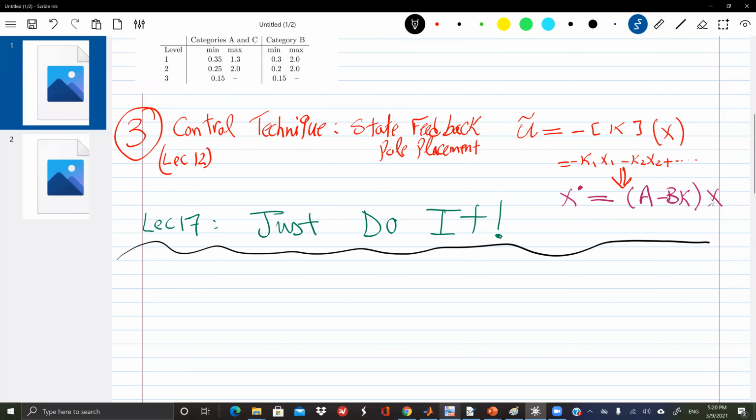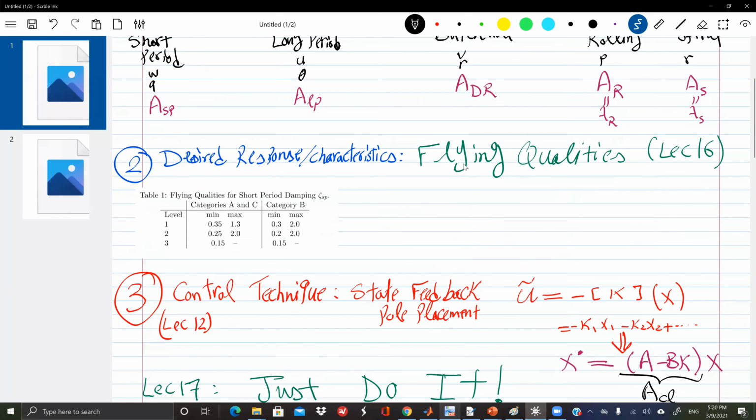This must be my new A matrix, which we call A closed loop. After substituting the feedback, we closed the loop already. My A matrix changes from just A, the old one, to A minus BK. And now it's my task to adjust these Ks such that the new A, the A closed loop, behaves like I want.